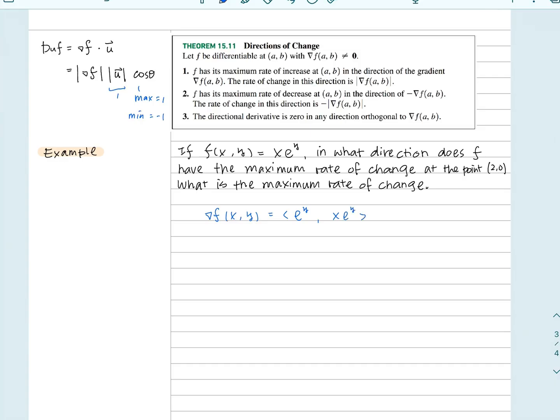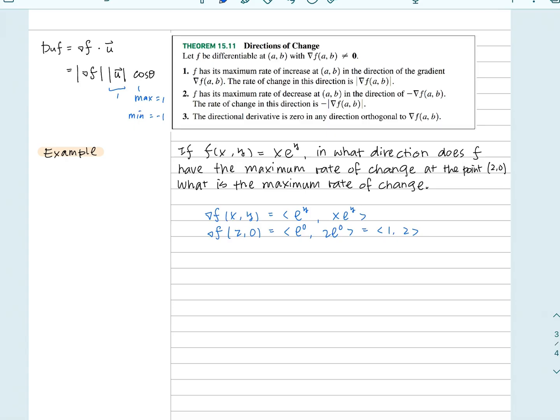Now at the point 2, 0, then the gradient vector is equal to e to the power of 0, y is 0, x is 2. So you get 2 times e to the 0 power. Then that's 1, 2. This is the gradient vector at the point 2, 0.